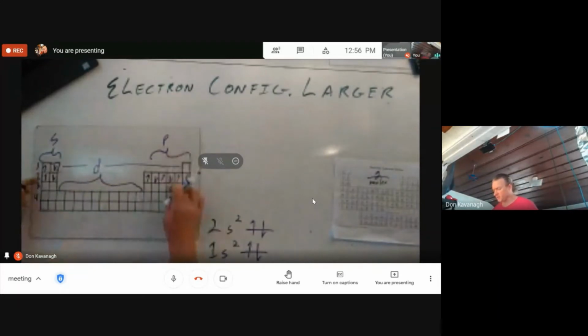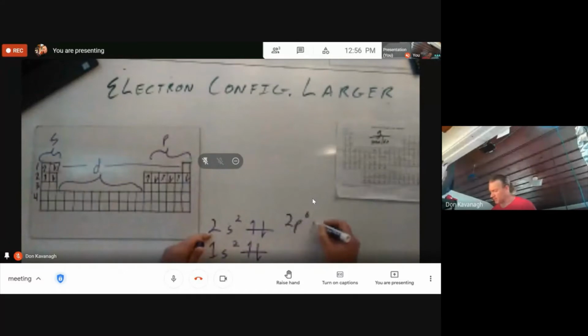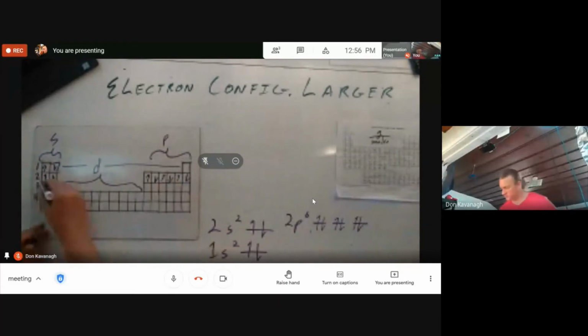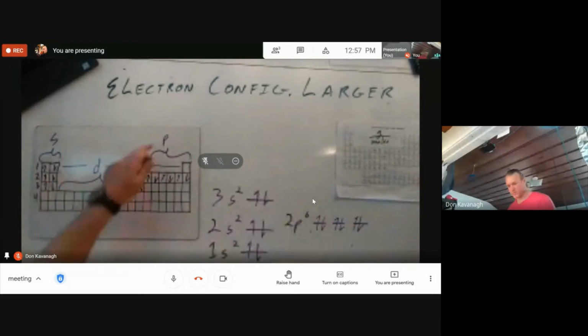So here's my 2 level. These p electrons, the 2p6, I need 3 orbitals. Mother Nature has 3 orbitals to fill in those 6 electrons there. 3s2. 3p6.